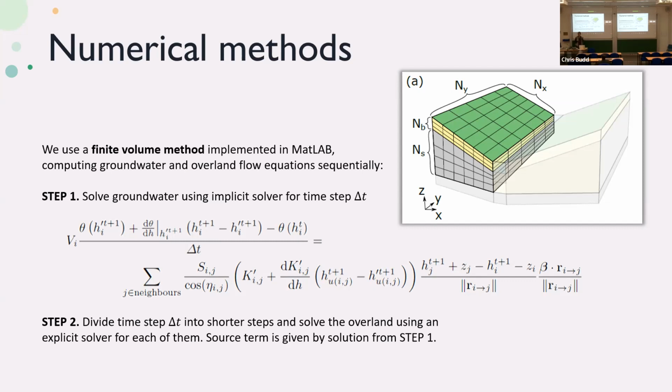We wanted to have also a 3-dimensional solver just to check if our approximations of 3-dimensional geometry with 2-dimensional geometry make sense. But in 2-dimensional geometry, again, it's good to divide into 2 steps because now the groundwater problem is 2-dimensional and the surface flow is 1-dimensional. So it's still good to separate these 2 components.